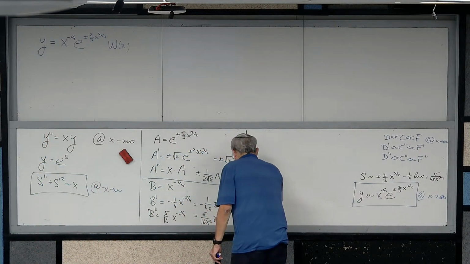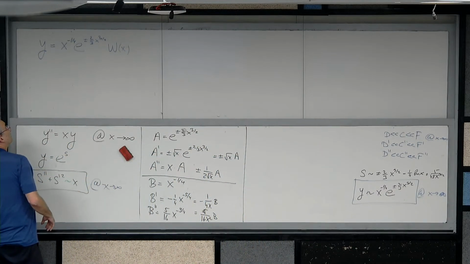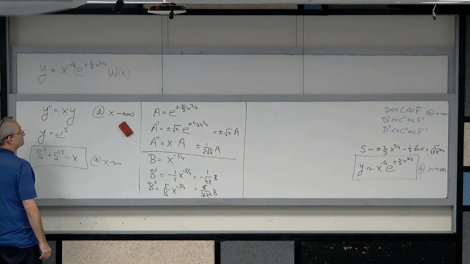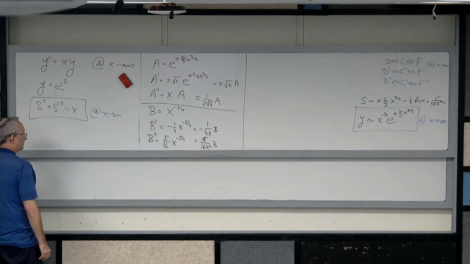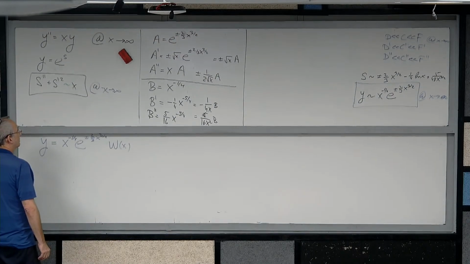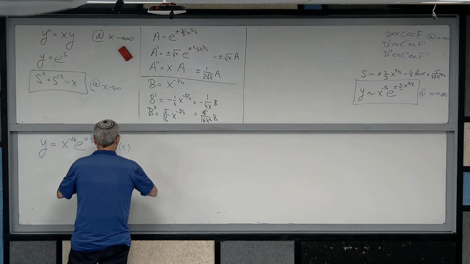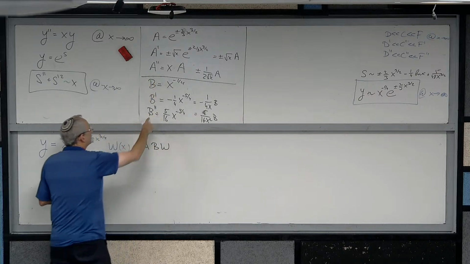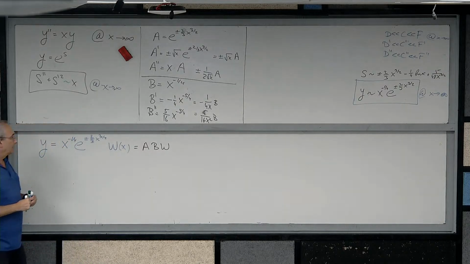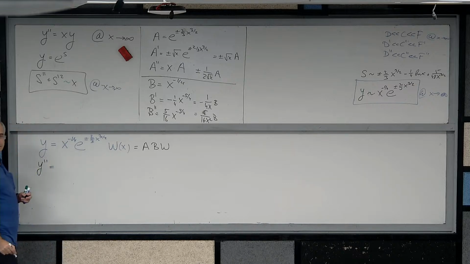Having this in mind, let's go back to here. And I can write y as A times B times w with these definitions of A and B. And I would like to write now the equation, what is y double prime.